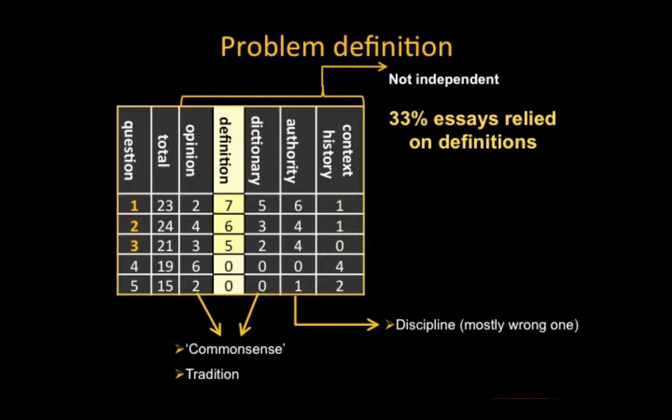So there were 103 essays altogether, because some people didn't even follow the instruction and do 2 questions. Okay, so in terms of problem definition, these categories are not mutually exclusive, obviously.